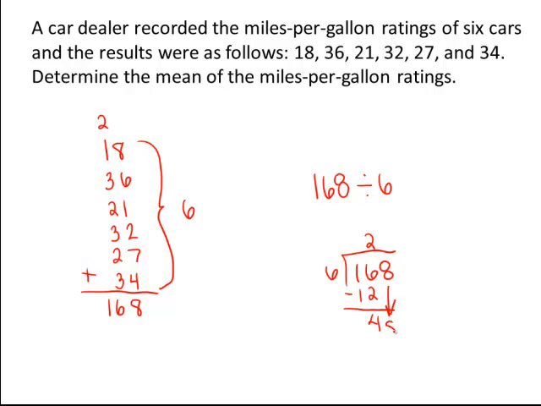Bring down the 8. Then 6 goes into 48 8 times, evenly. So the mean of the miles per gallon ratings is 28 miles per gallon.